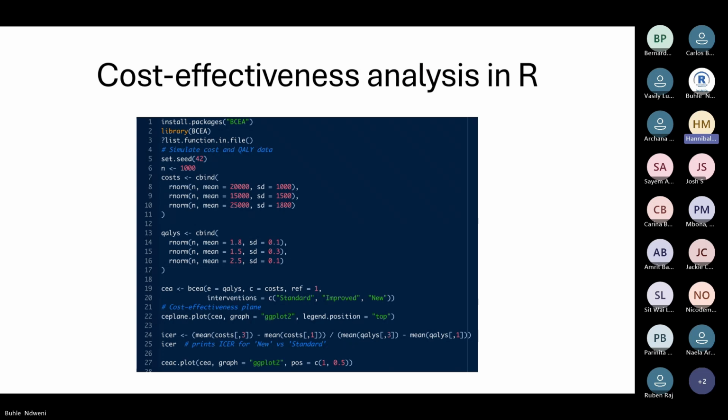So in cases where you want to compare all the drugs at the same time, you can still go ahead and have all the interventions together in the same diagram, and you can do the whole comparison simultaneously. So in this case, I had both the improved and the new drugs compared with the standard. Let's go on to the next one.